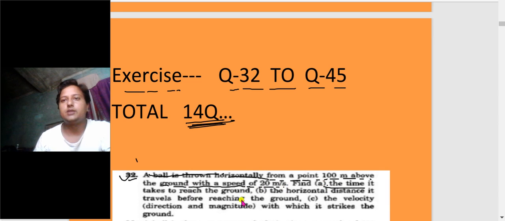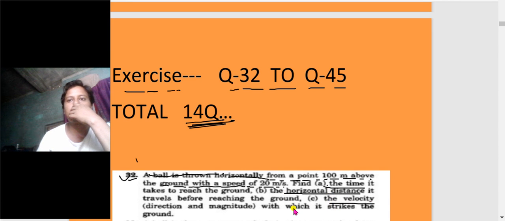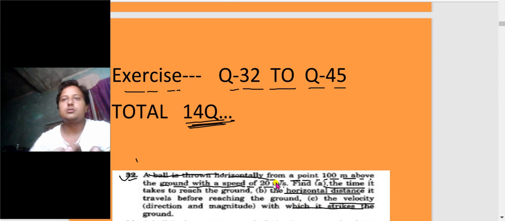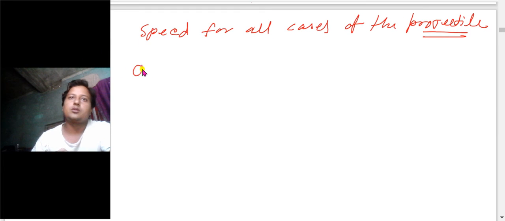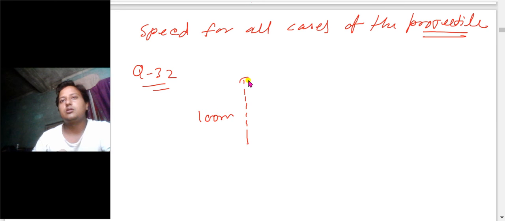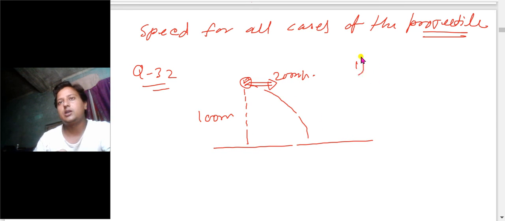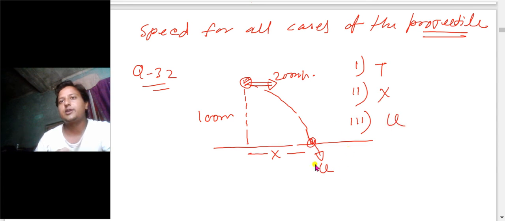We have to calculate time of flight, the horizontal distance x, and the speed of striking.